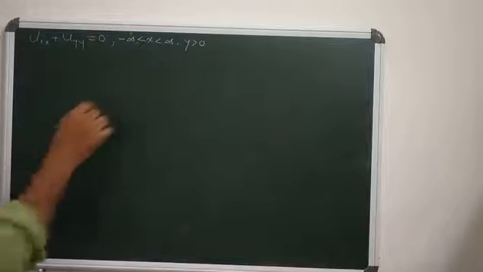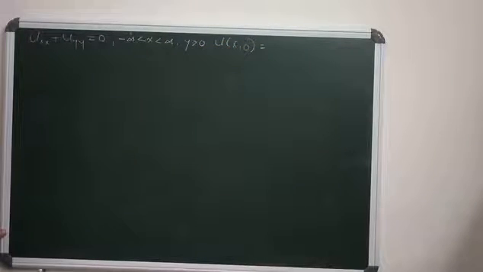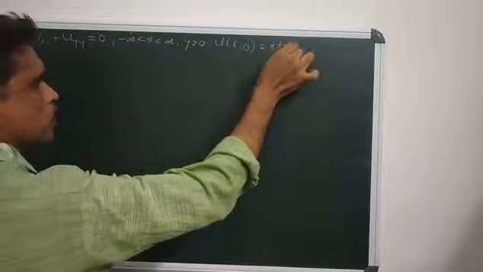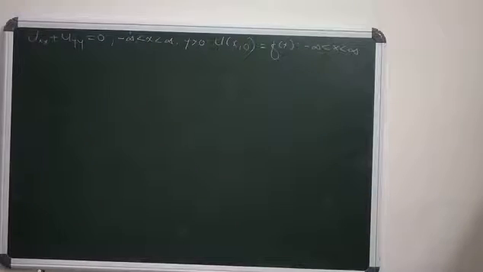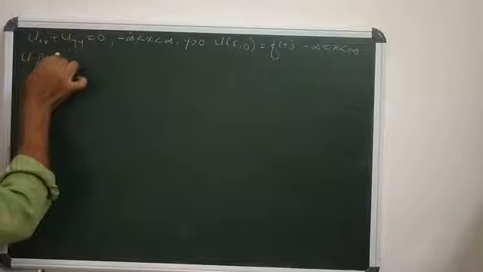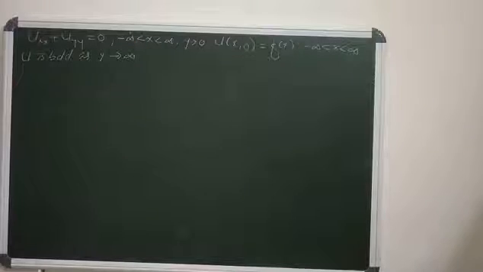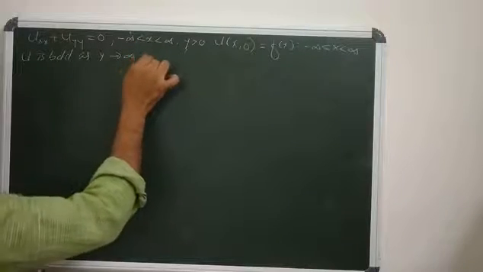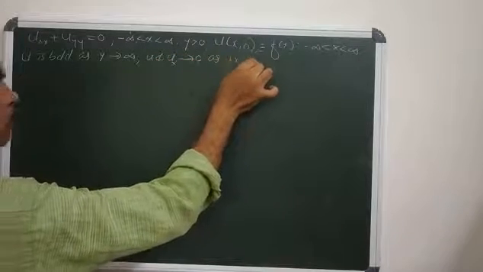So u_xx + u_yy = 0, with y greater than 0, and with the condition u(x,0) = f(x) for minus infinity < x < infinity, with the conditions that u is bounded as y goes to infinity, and u and u_x go to 0 as mod x goes to infinity.